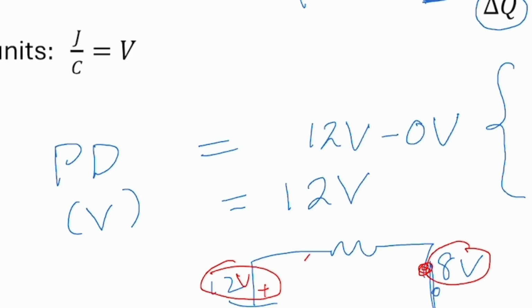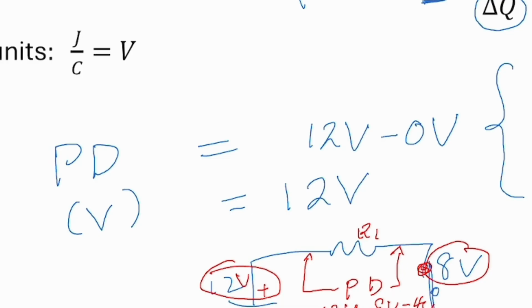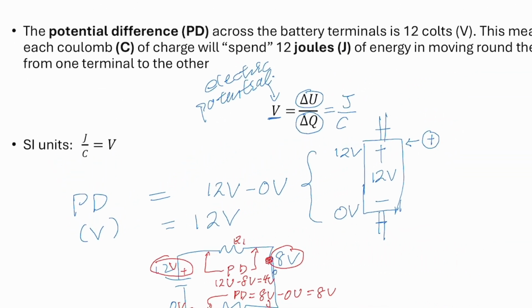And the electric potential difference PD across the first resistor is 12 minus 8 volt. So the difference is 4 volt. And of course the difference between the 0 volt and here is 8 volt minus 0 volt, which is 8 volt. So this is the meaning of electric potential difference.